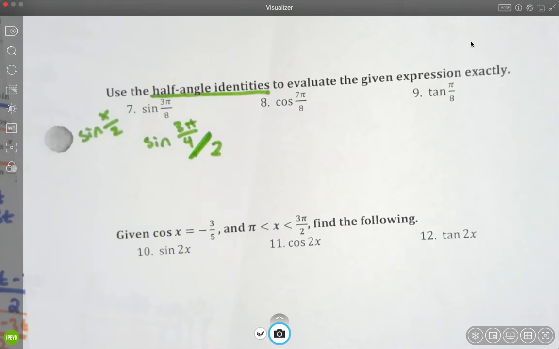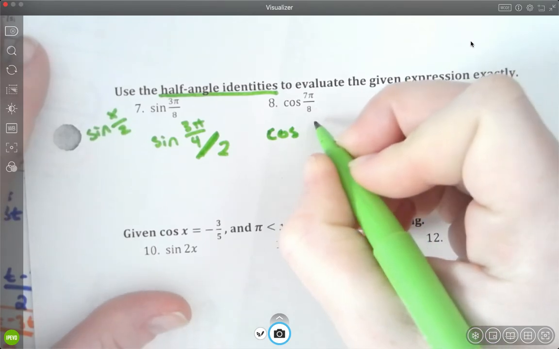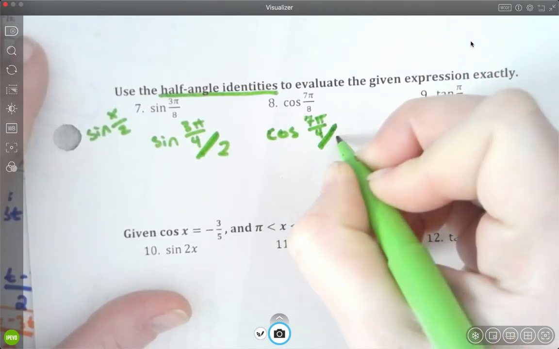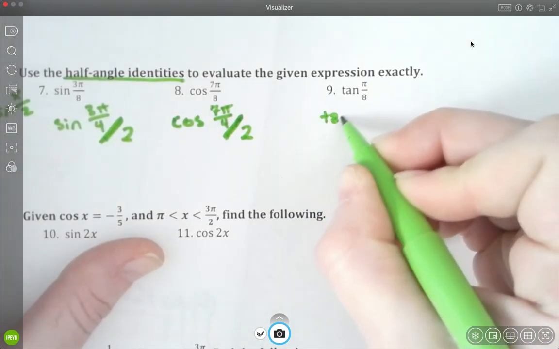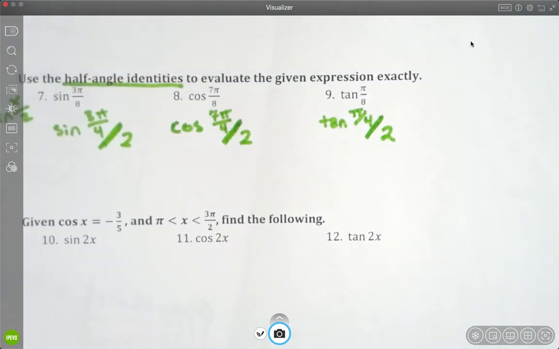Number 8 is cosine of what divided by 2? 7 pi over 4 divided by 2. What about tangent? Pi over 4 divided by 2.